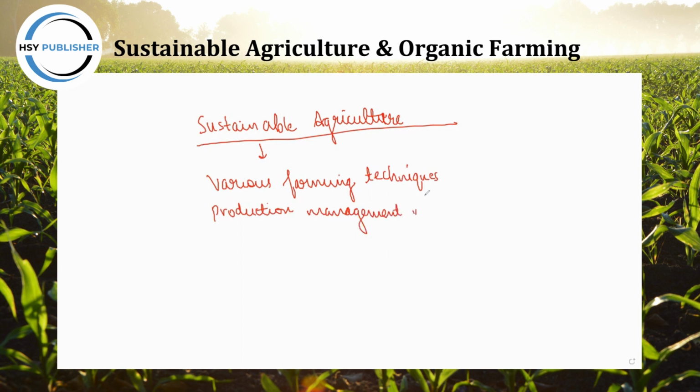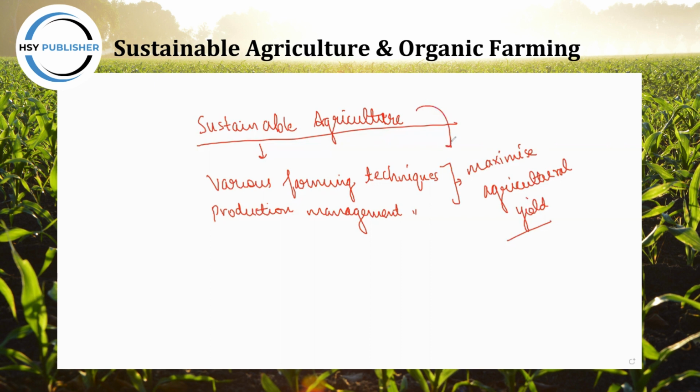All these things are done to maximize the agricultural yield. This is called sustainable agriculture.